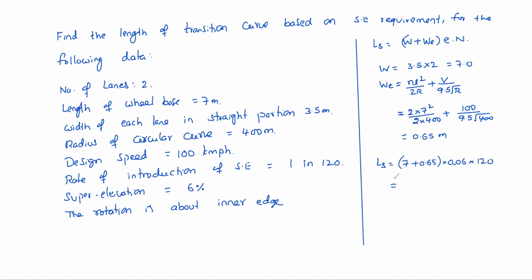That equals 7 plus 0.65 into 0.06 into 120, that is 55.08 meters is the transition curve length required. Okay.